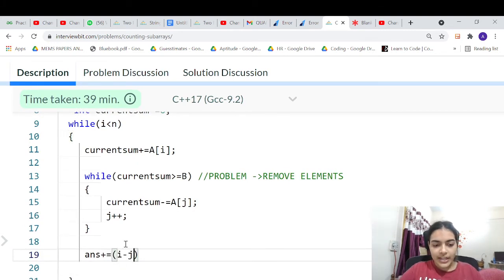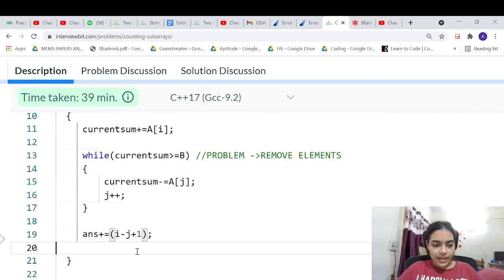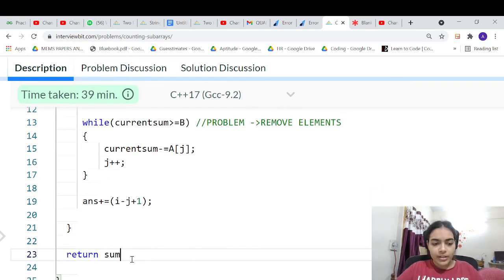It will be i minus j plus 1. Okay, you will add the subarrays from this side minus this side plus 1, right? i and j are the limits, or the starting and end positions, of your subarray. And finally you can return answer. So that's it. This is the simple code.